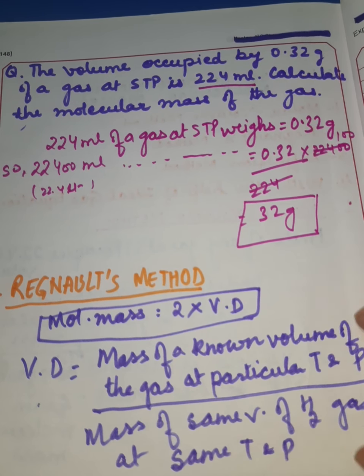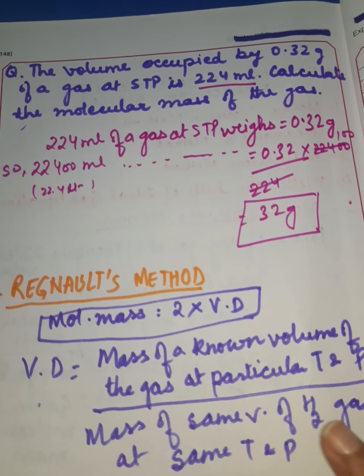So the ratio of these masses will be equal to the vapor density of the substance.